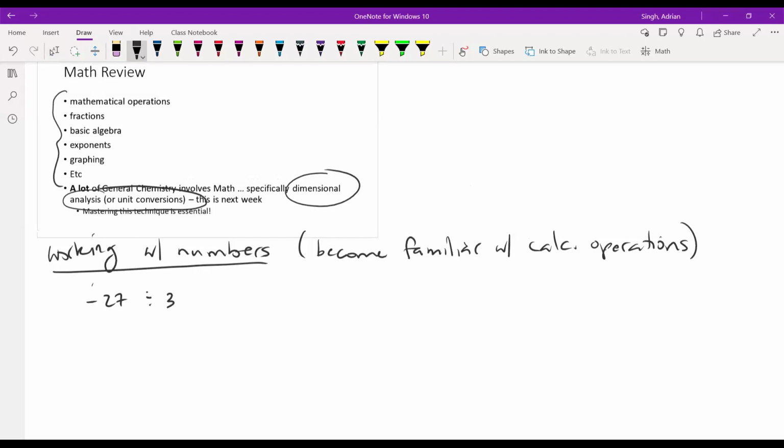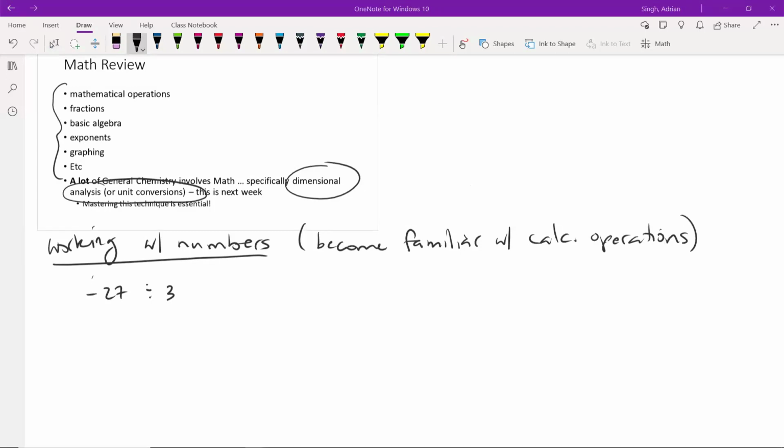And then let's say I also had minus 4 times minus 5. Okay, so for the first one, can you evaluate this? Make sure that you use your minus sign in your calculator, and you can type that in directly as it is. 27 divided by 3 is 9.